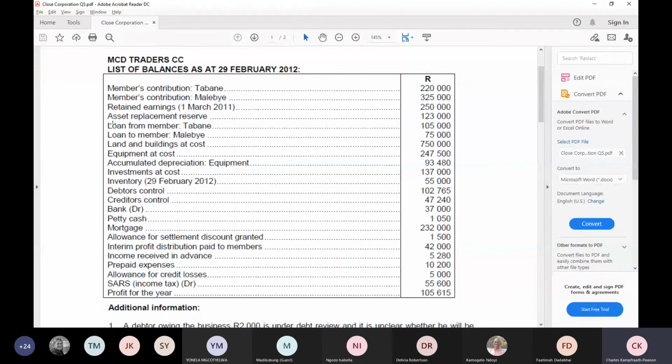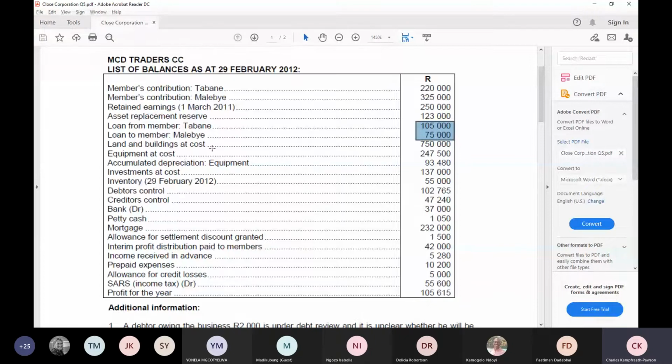Then we have the loan from a member and loan to a member. The main thing there is that the additional information should shed more light on whether it is a current asset or a non-current asset. So we will have to read the information to determine.